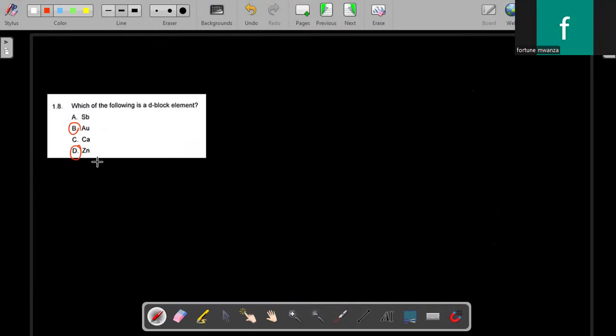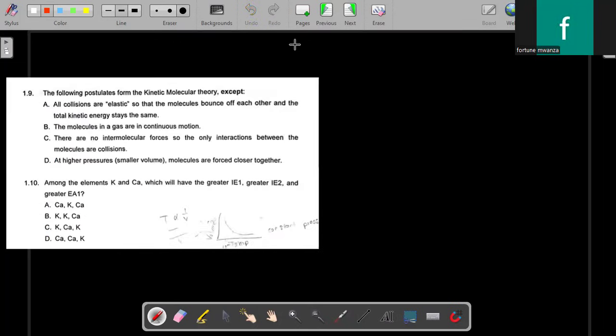So there are two answers, B and D. That one is straightforward. You just go to your periodic table, check the transition metals, and find these two elements as D block elements.